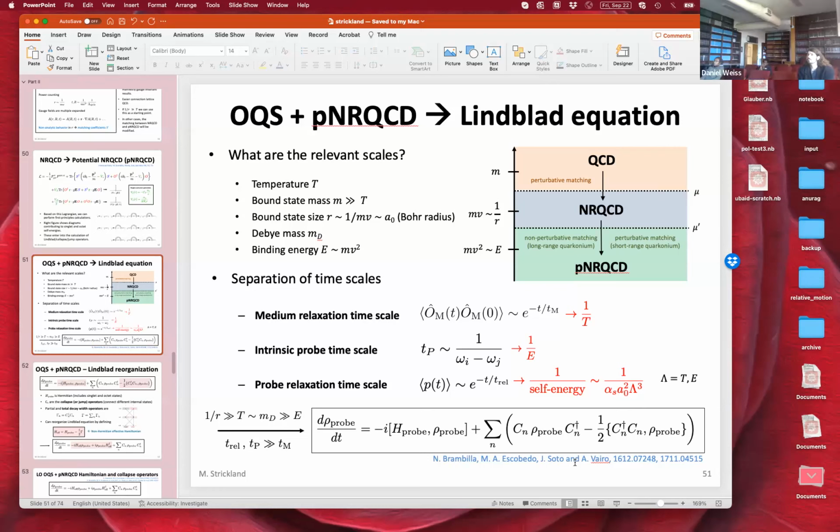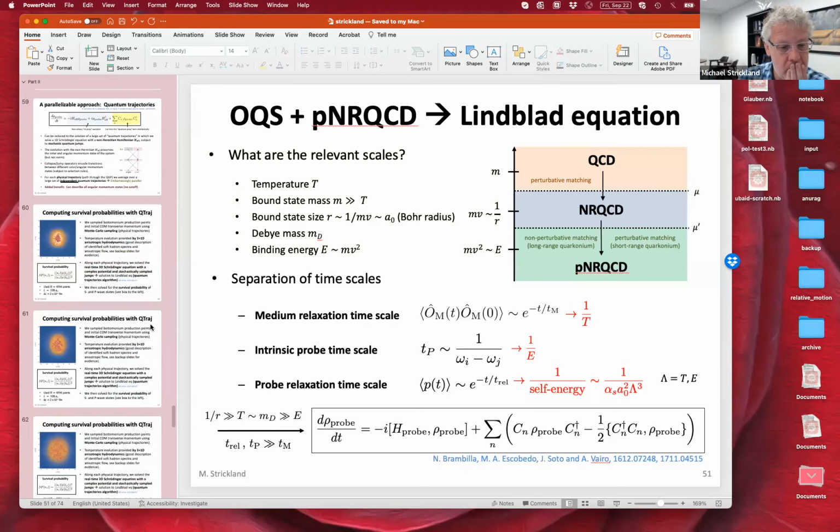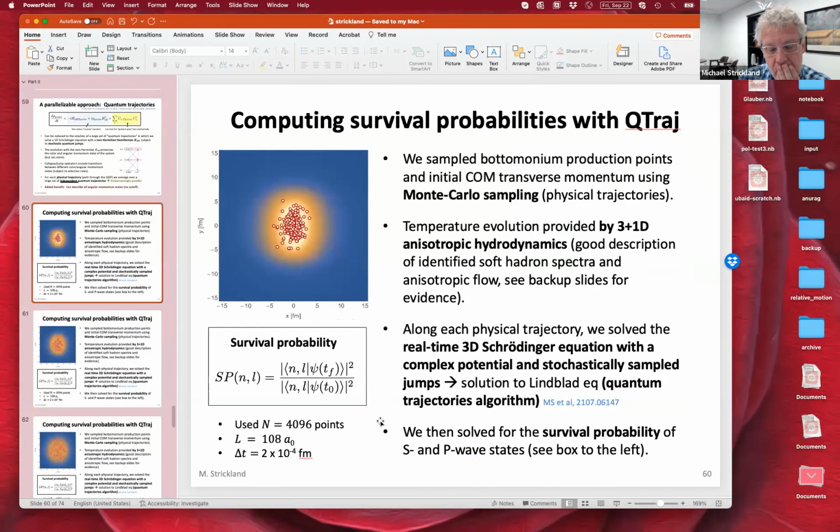Okay. Thanks. Right, I have two questions. The first one is, when you calculated the survival probability from the hydrodynamic model, intuitively, something that was created in the center of the plasma has a lower survival probability than something that's created on the periphery.